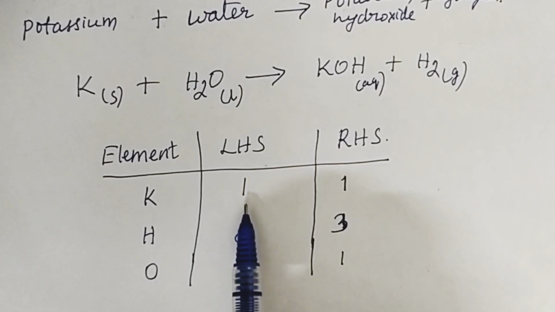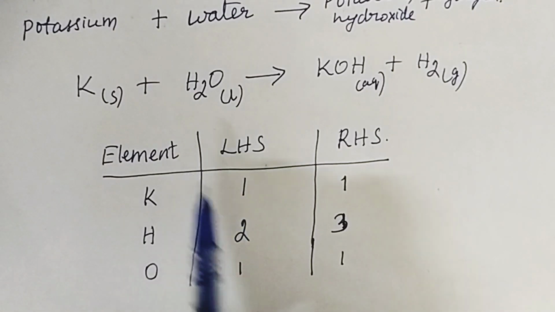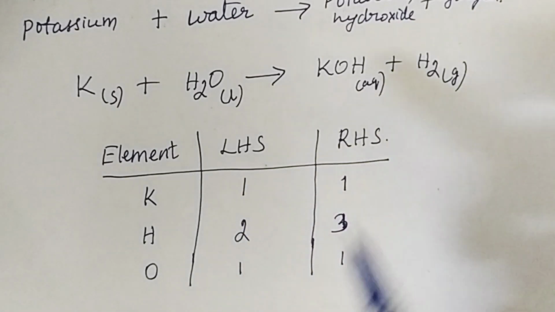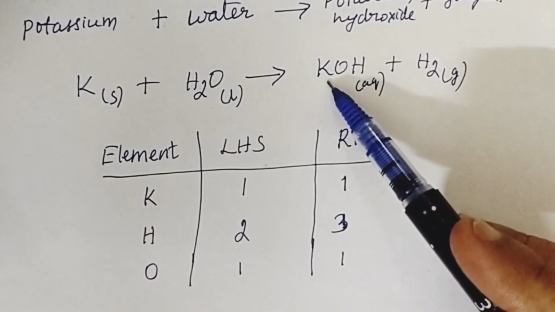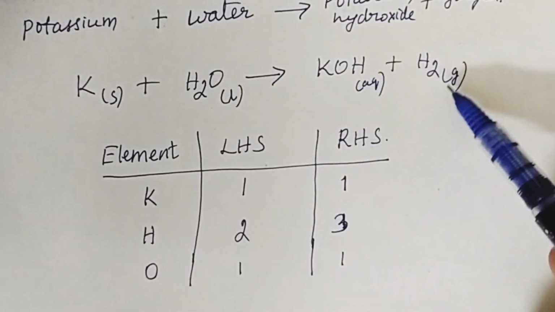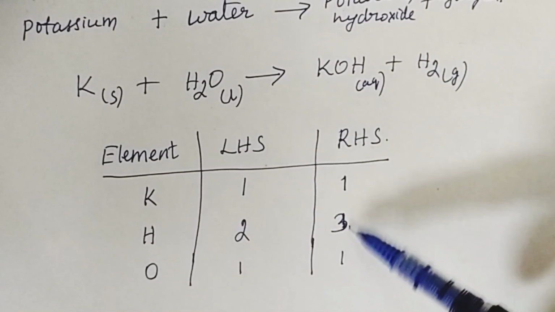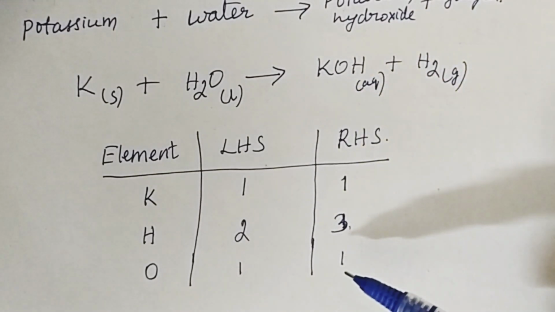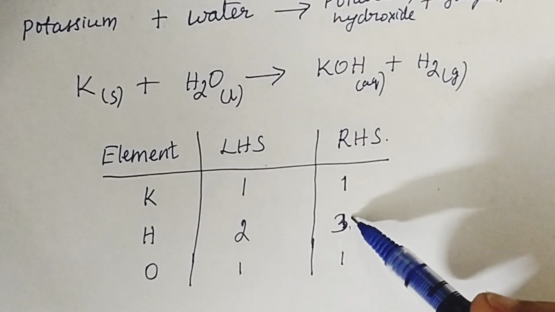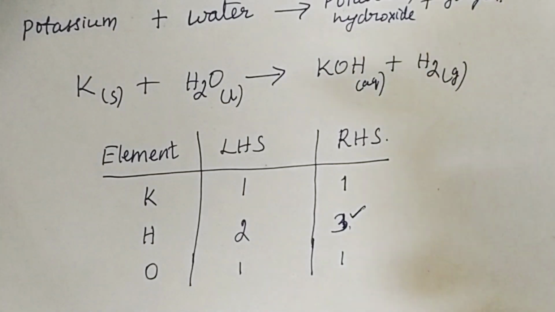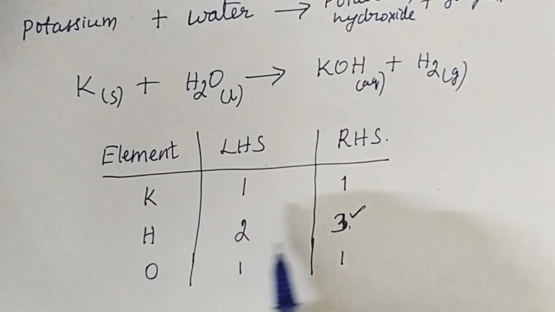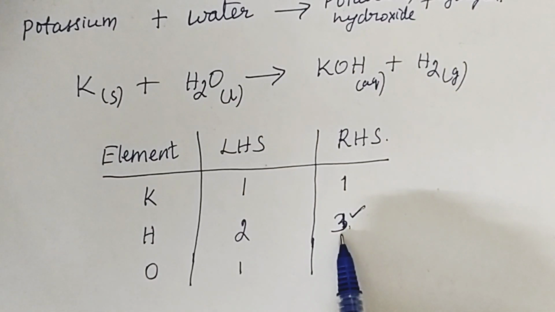In LHS there is only one K, hydrogen is 2, oxygen is 1. In the RHS 1 K and hydrogen here 1, here 2. So 1 plus 2, 3 and oxygen is 1. By hit and trial method we will hit the larger number, that is 3. Here it is 3, here it is 2.